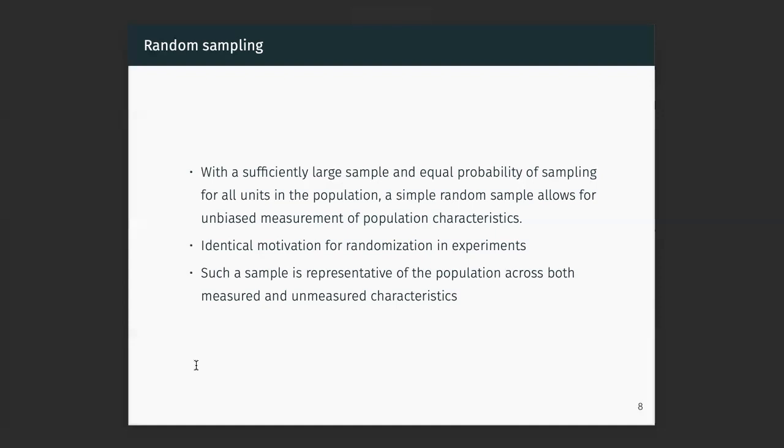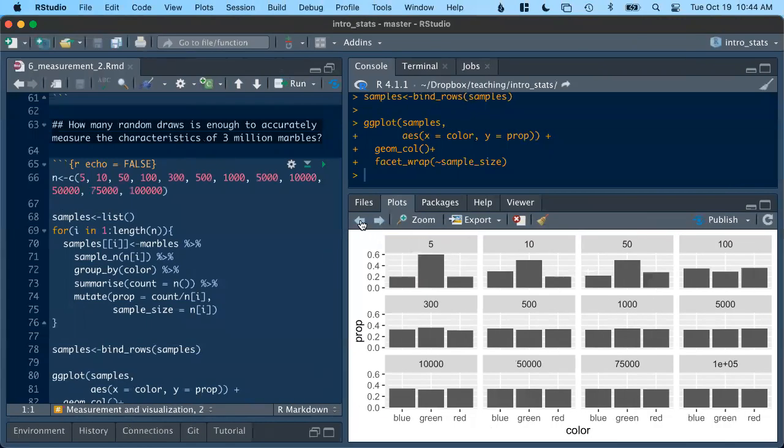Same logic. So randomization is kind of a silver bullet that can solve a ton of statistical problems. Such a sample, if it's random, is representative of the population across both measured and unmeasured characteristics, right? These will be mathematically identical, right? In theory, with a large enough n and with theoretical replications. That is, if we were to run the study many, many times, usually in practice, we only run it once, but if we were to run our sample many, many times, as we did here in our simulation, right?